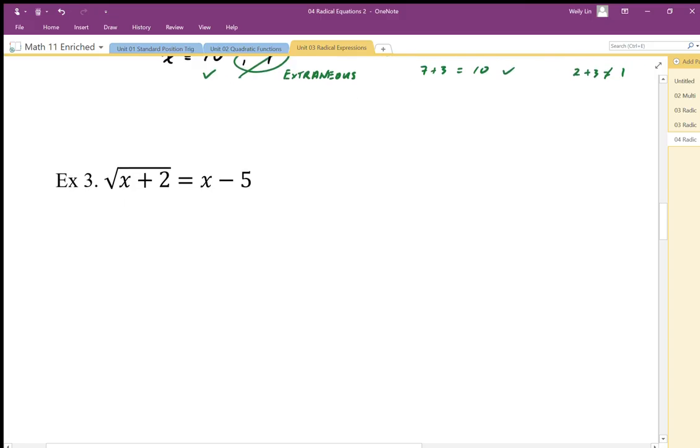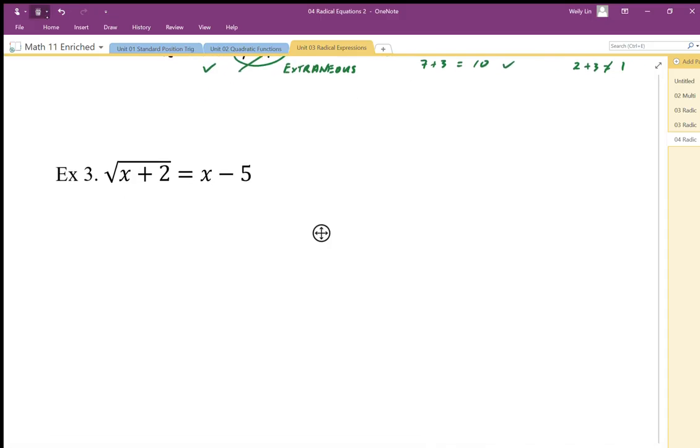Here again we should be able to set up our domain. We could use our domain to test for extraneous solutions, but we're just going to make sure that we know how to do our domain first. The inside restriction is x has to be greater than or equal to -2, and the outside domain, because the square root has to equal a positive, for this to be positive or 0, is x greater than or equal to 5.